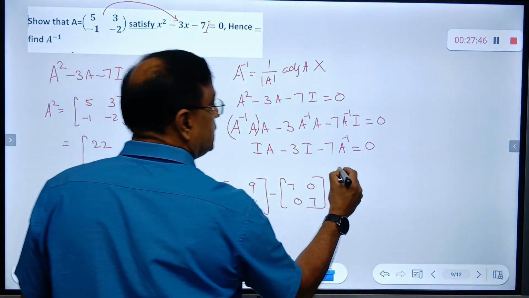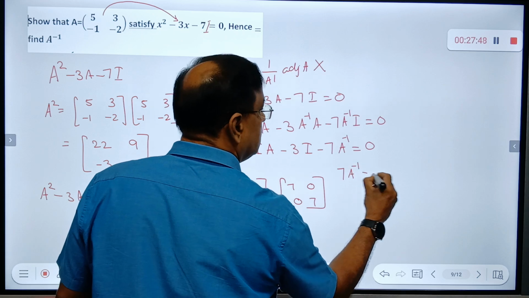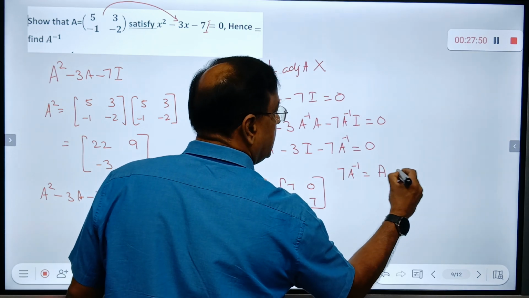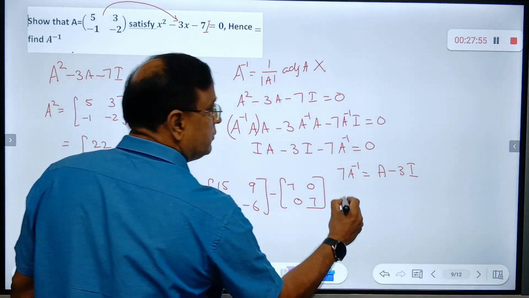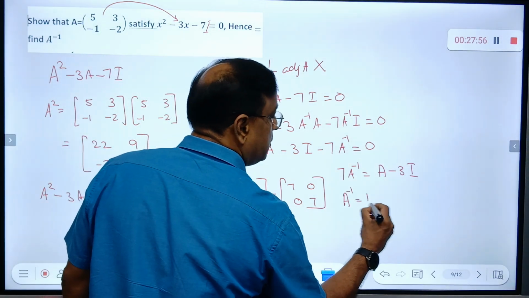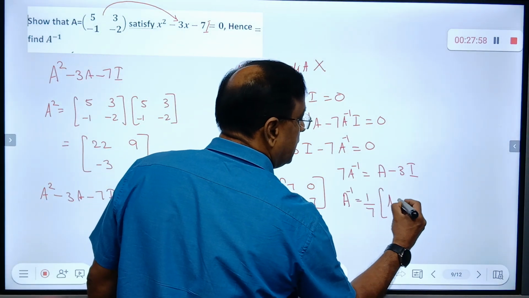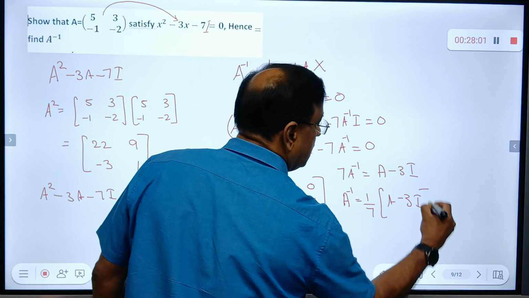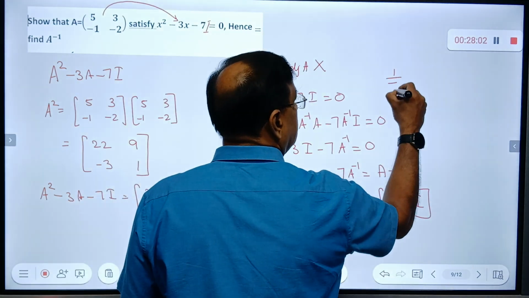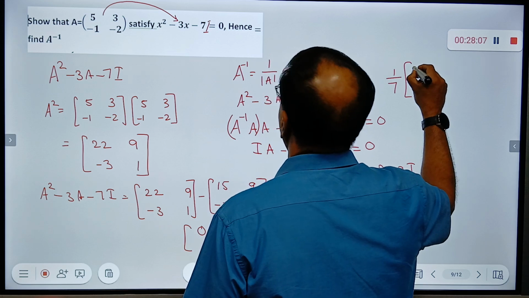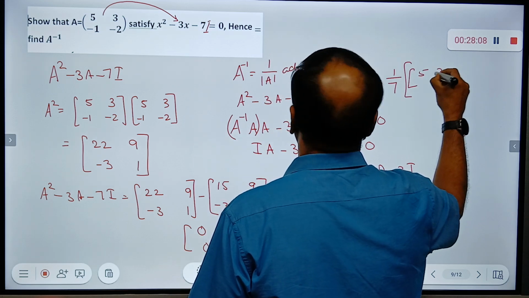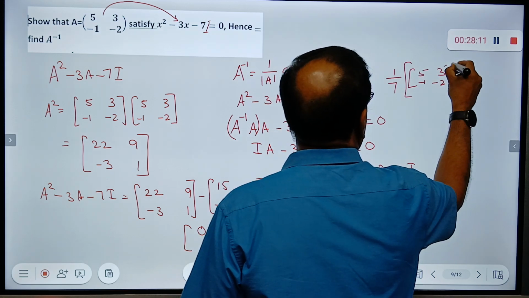So from this what do you get? 7 A inverse is equal to A minus 3I. Why? Because IA is A. And what is A inverse? 1 by 7 into A minus 3I, which is 1 by 7 into, what is A? My A will be 5, 3, minus 1, minus 2.